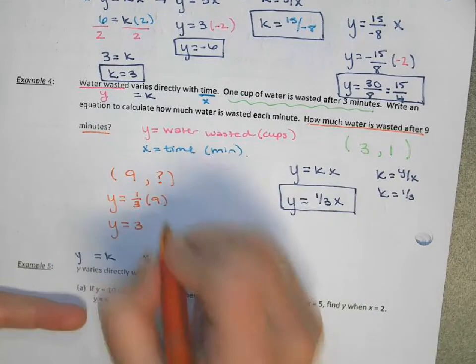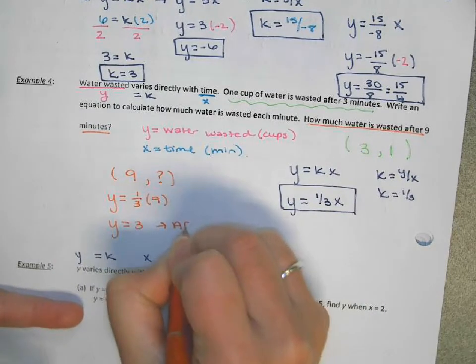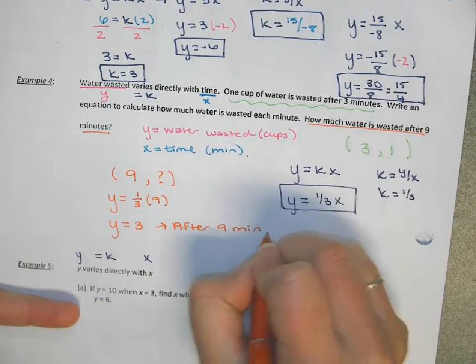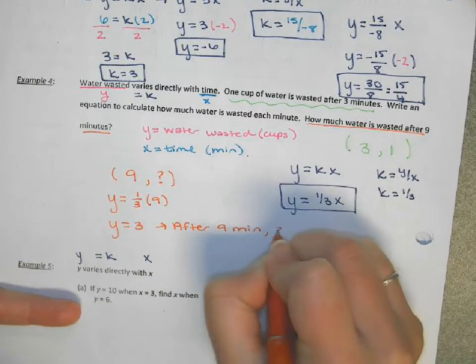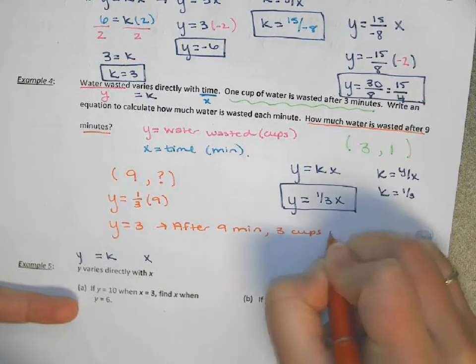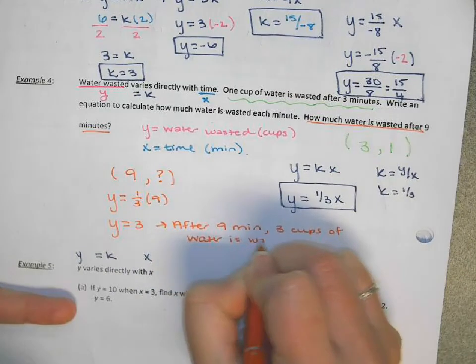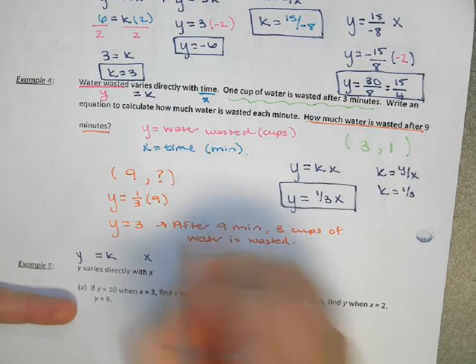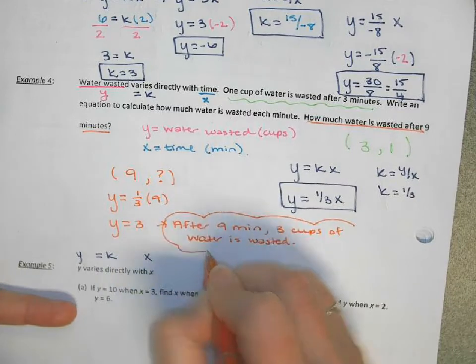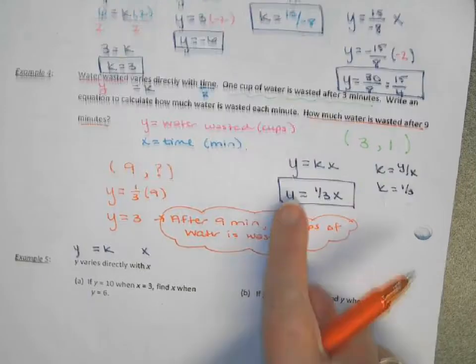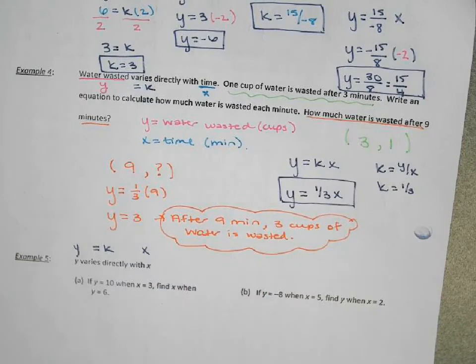So I'm going to have, after 9 minutes, how much water is wasted? 3 cups. So I had my equation, and I found how much water was wasted after 9 minutes.